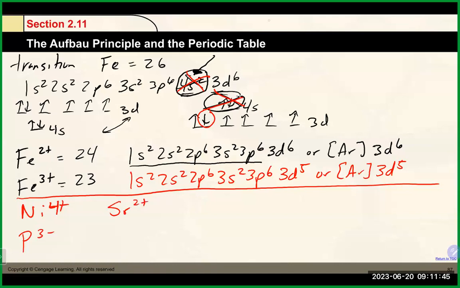In case you don't have the periodic table still, strontium is 38 on the periodic table. Nickel is 28. And phosphorus is 15, the atomic number.